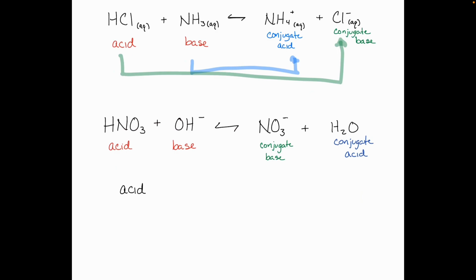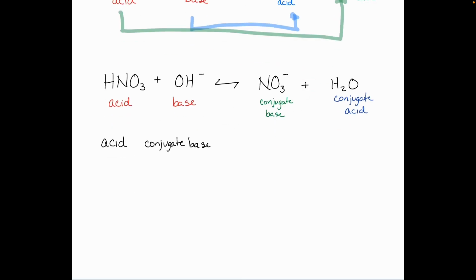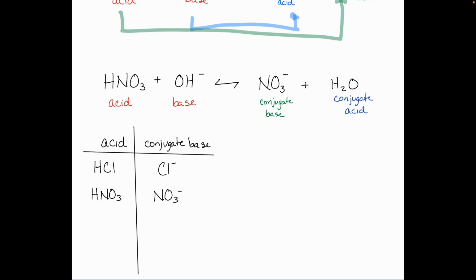These are acids and their conjugate bases. Let's see if we can spy a pattern here. All right, so we said my acid was HCl. The conjugate base would be the chloride ion. And when my acid was HNO3, my conjugate base was the nitrate ion.